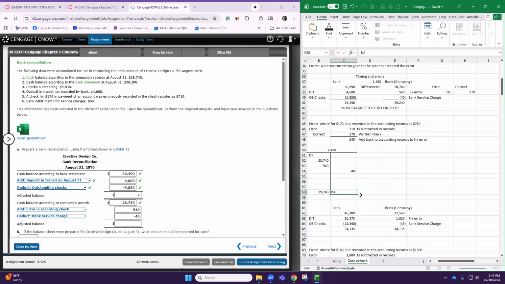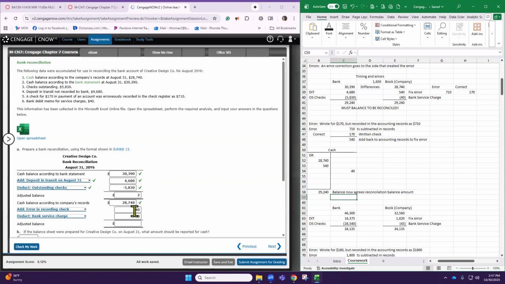So the balance now agrees with the reconciliation balance amount.